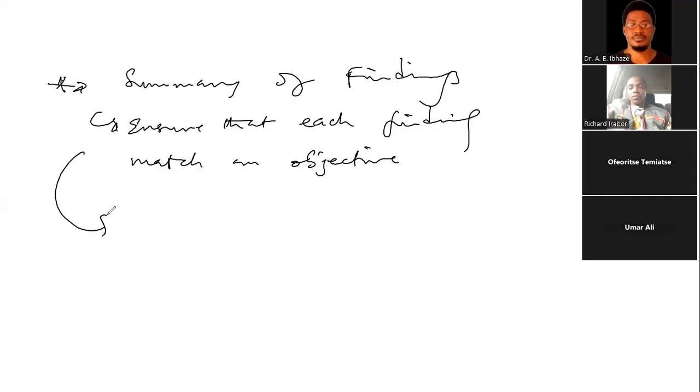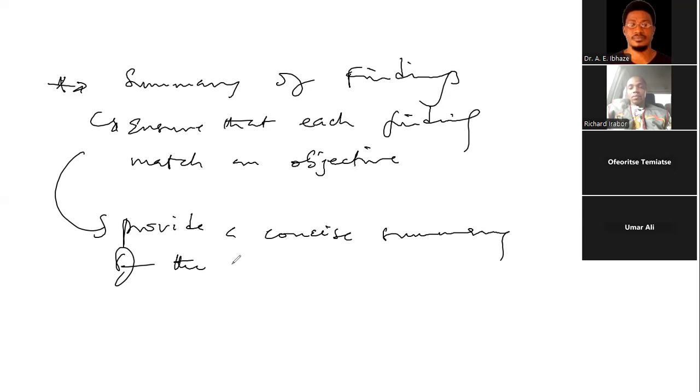So this is how you provide a concise summary of the research findings. Because by documenting the findings based on each objective, you realize that you must have highlighted the major contributions and confirmed if the research objectives were met or not.